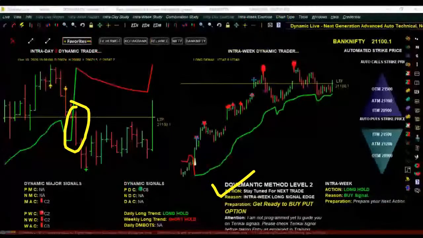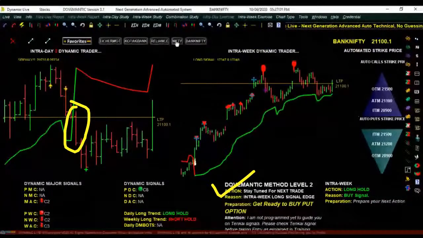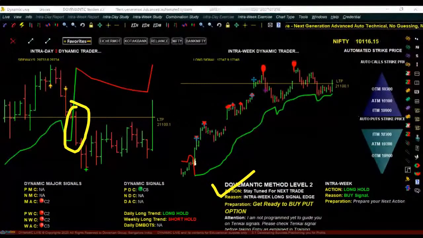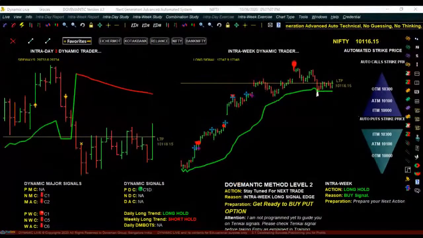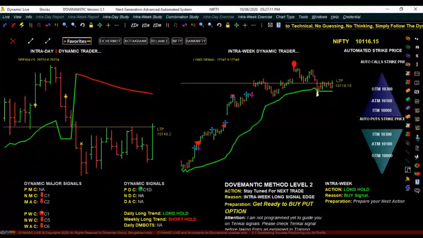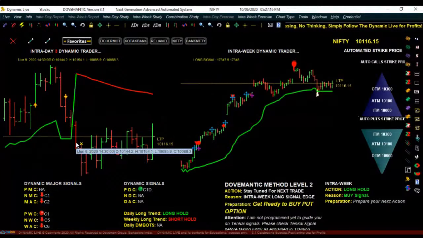At the same time, let us check what is happening in Nifty. So you can see here, this is 9th June 14:30 in Nifty.